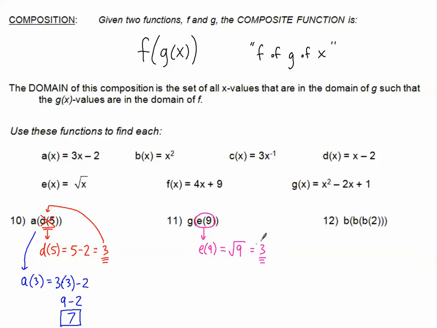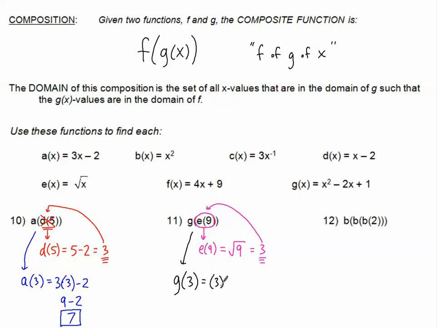Once we know what that first function becomes, I'm going to plug that right back in, and then I'm going to deal with g of that number. So 3 will take the place of e of 9. So g of 3. And now let's see what g of 3 is. I've got x squared minus 2x plus 1. Each of those places where there's an input, I'm going to put a 3 in place.